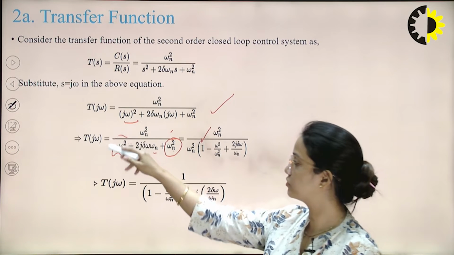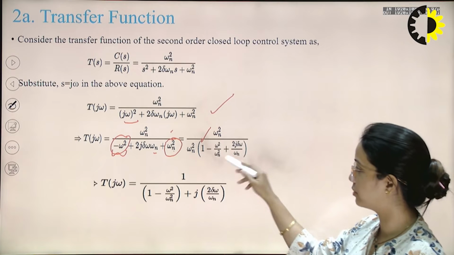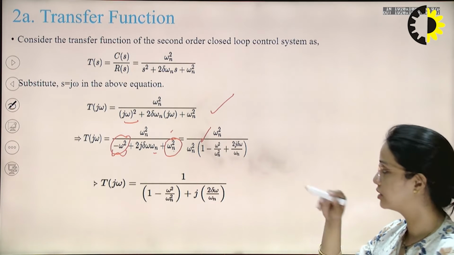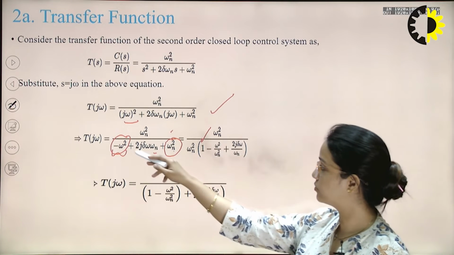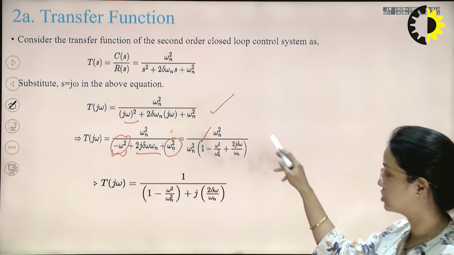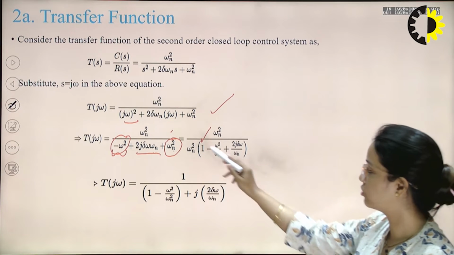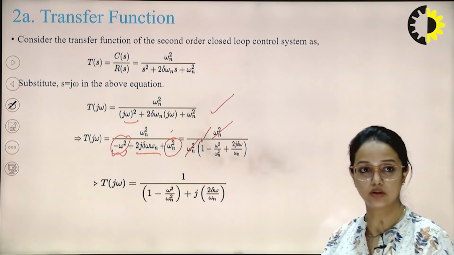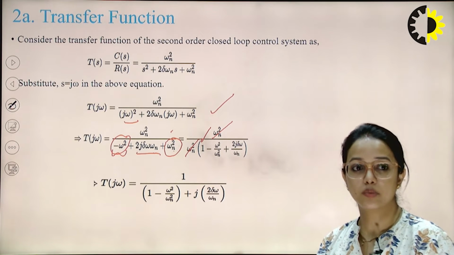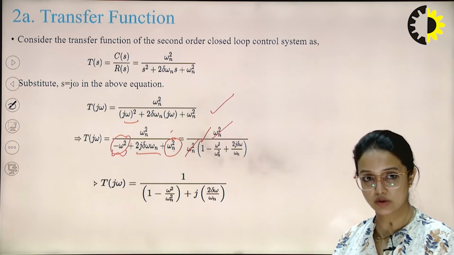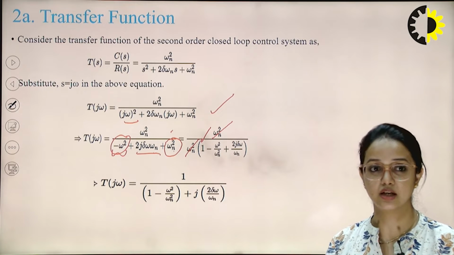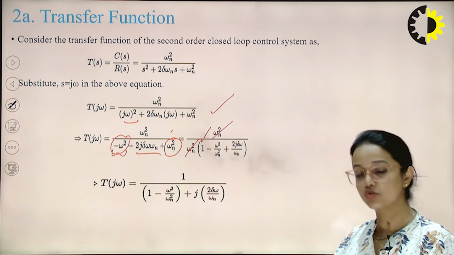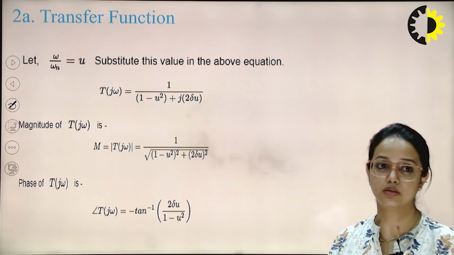For this term we have minus omega square by omega n square. Then for this term we have minus j 2 zeta omega by omega n. Now this cancels out and the resultant transfer function is 1 upon 1 plus omega square by omega n square as the real part plus j 2 zeta omega by omega n as the imaginary part.